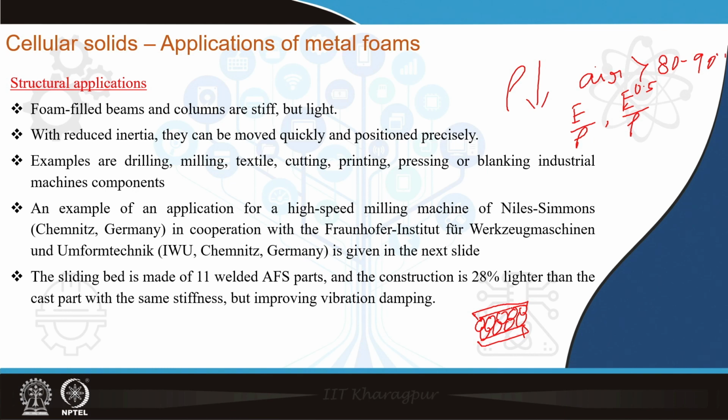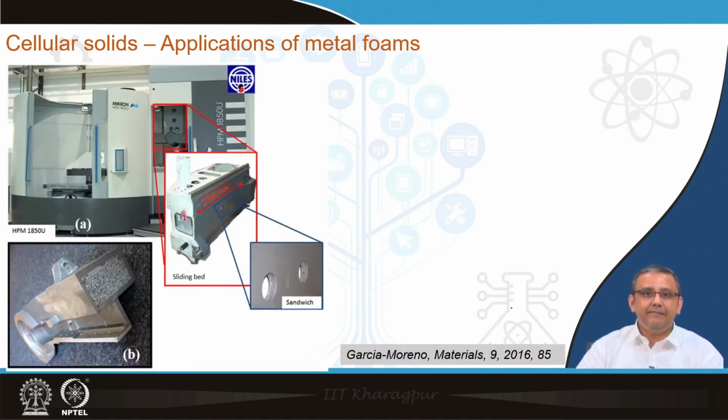You will see afterward that these sandwich panels have extremely high stiffness but are very light in density. The typical examples are shown here, where these movable components are fabricated using these AFS panels, which leads to a much lower density but with sufficient stiffness.